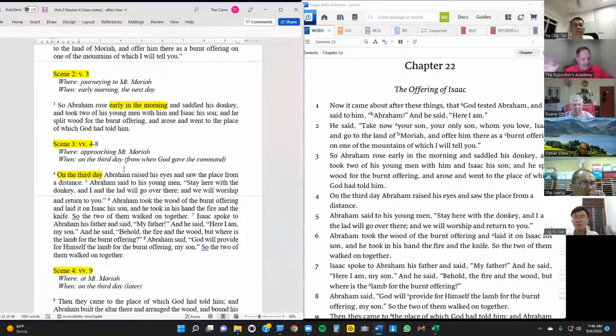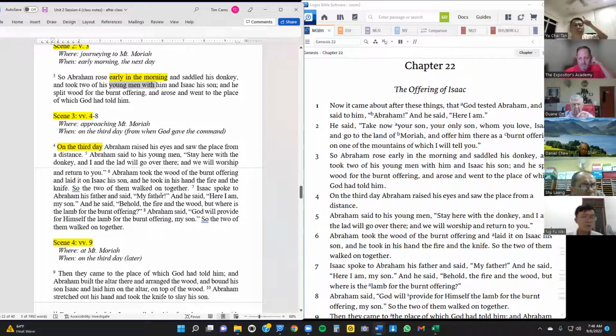It just says they got up and went, got the young man, donkey, and they left. Nothing is said about the rest of that day, nothing about the second day. Only on the third day are we given a few statements made between Abraham and Isaac.